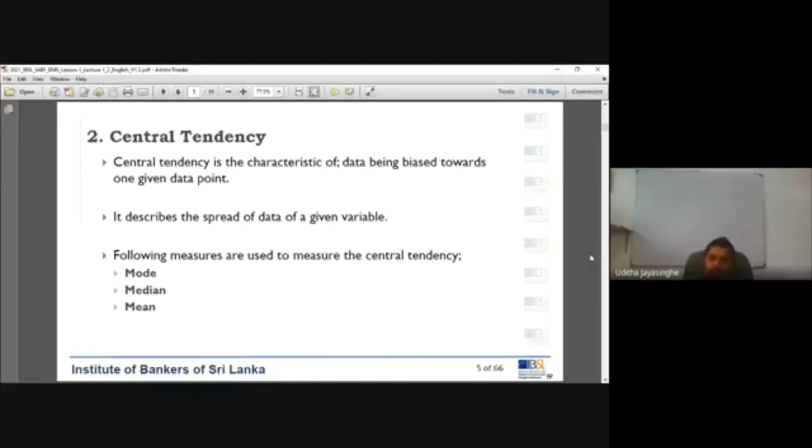So the moment you really want to express something about a particular data set, you may not be in a position to get a perfect representative. Let's say, for instance, in our 70 students example, we want to take a particular student and say, now you are going to be the representative of this particular 70 student batch.